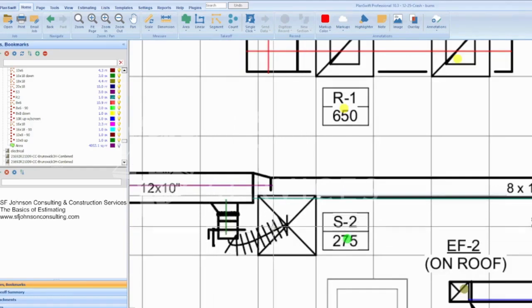So you want to choose from your cost book this type, whatever S2 is. That'll give us the size, and the neck size and the size of the grill from the schedule.